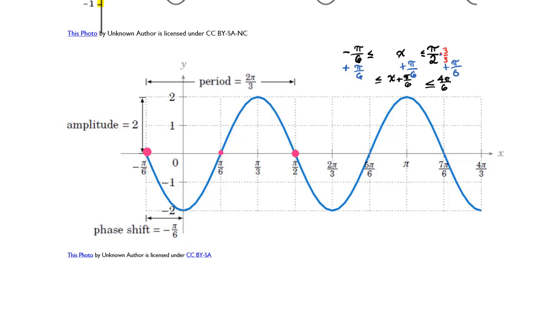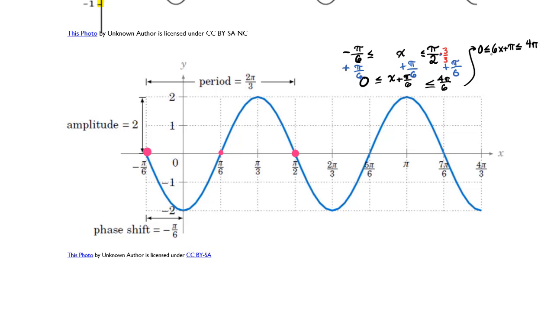which is to the right of 0. So 0 is less than or equal to x plus pi over 6, which is less than or equal to 4 pi over 6. Now if I want to clear my fractions, if I multiply everything by 6, I will get 0 less than or equal to 6x plus pi, less than or equal to 4 pi. We are almost there.